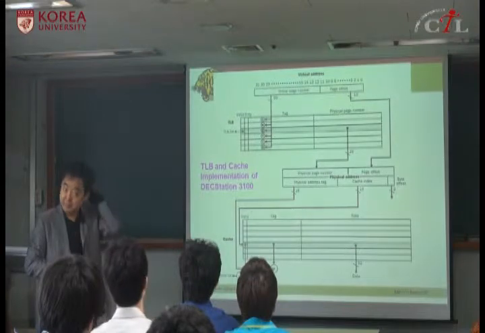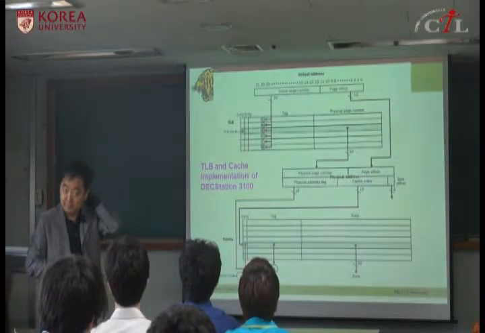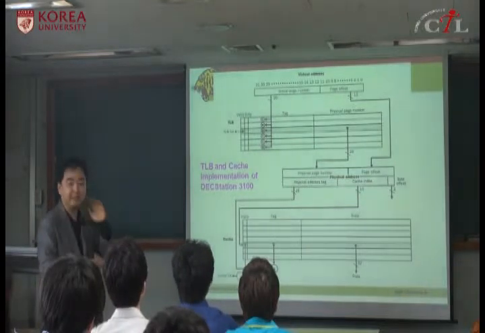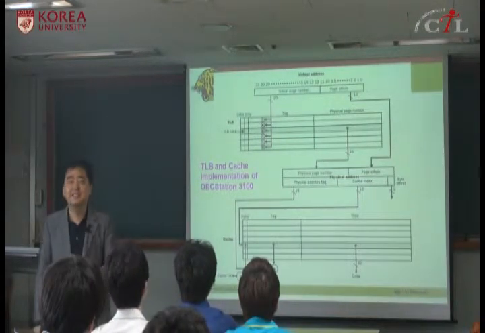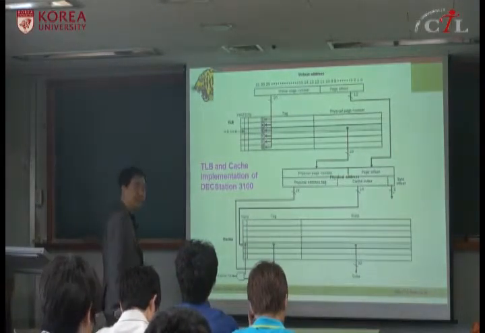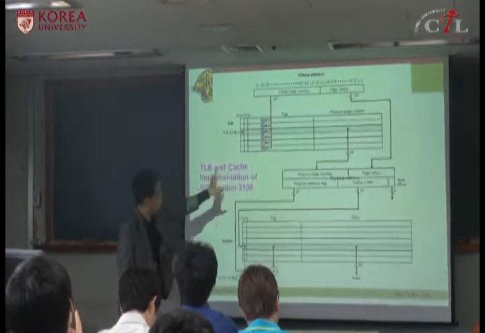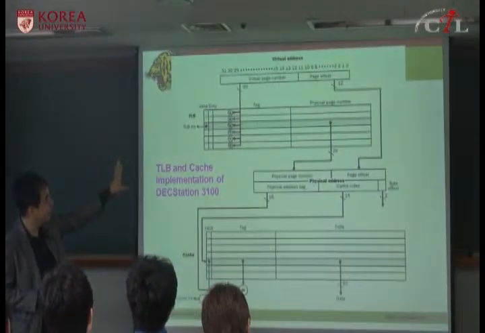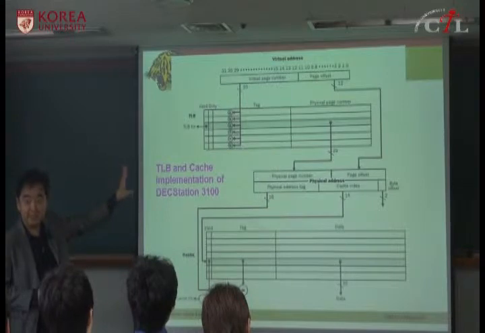Then translation parts can be added. So you do the translation, then you extract the index, then it will take 2 cycles, right? So can you do it better? In this organization, we cannot do better, but if we modify something a little bit, then we can accelerate.